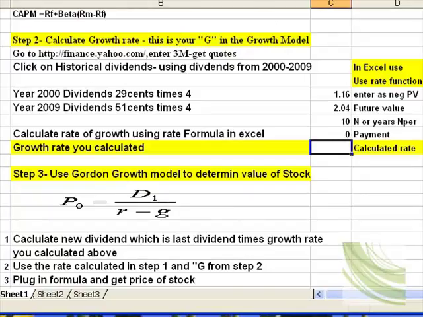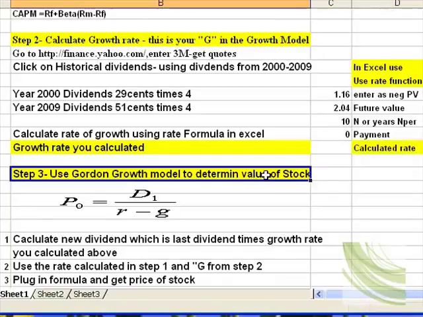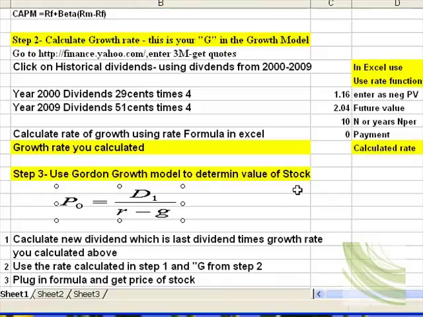And then after you have this information, you're going to use information from step 1, step 2, and now you're going to calculate the value of the stock. So we know our dividends for year 1. The new dividend is whatever the last dividend was, which was $2.04, times the dividend growth rate, which is what you calculated right here.